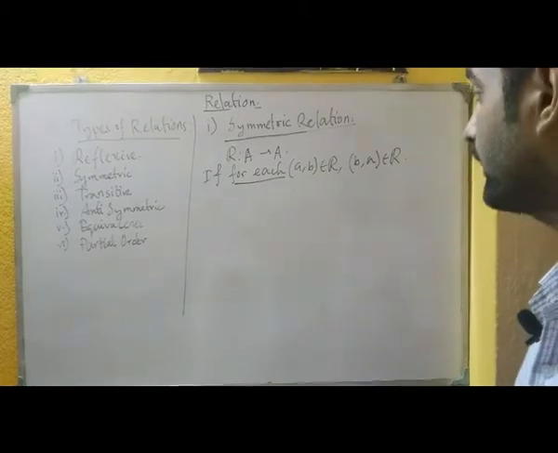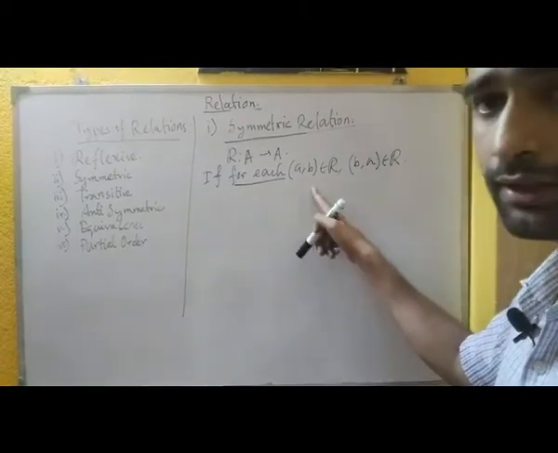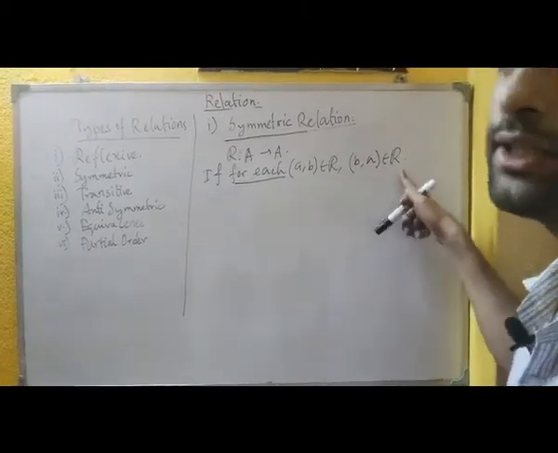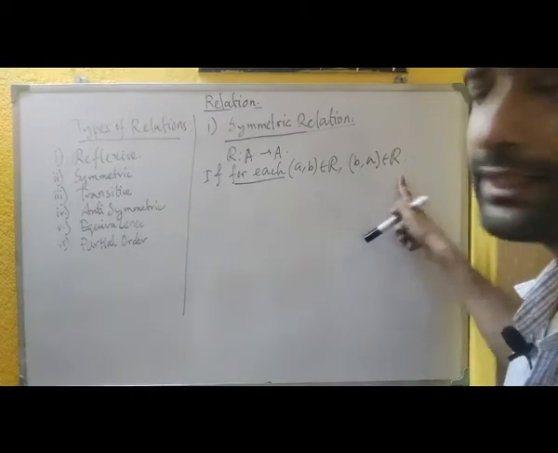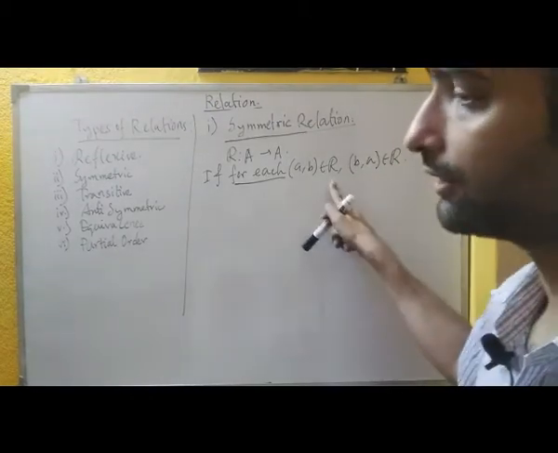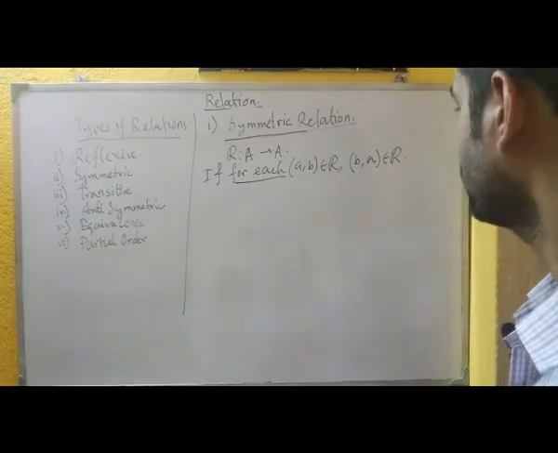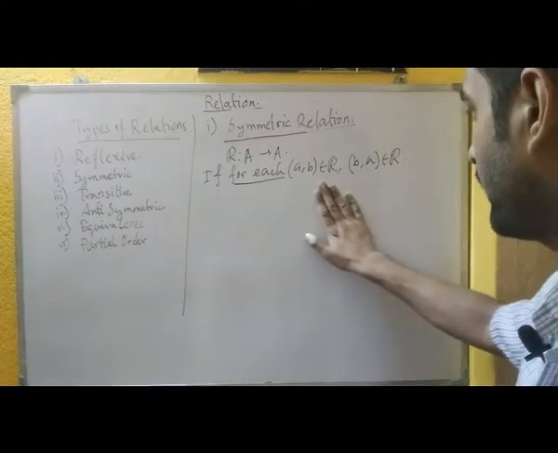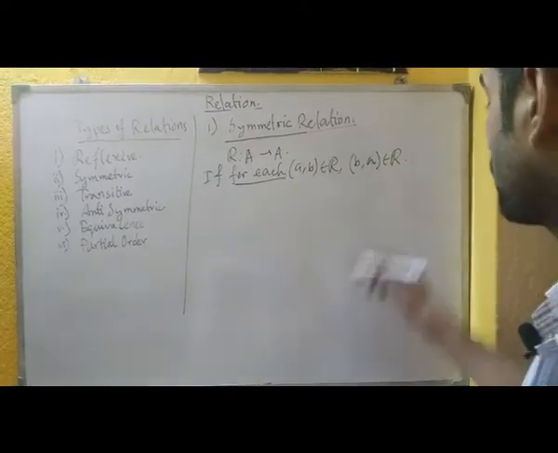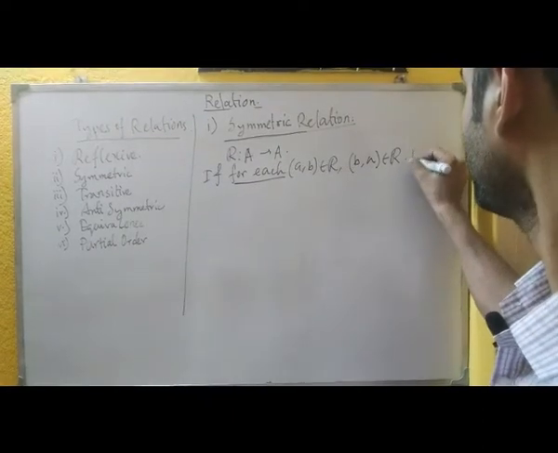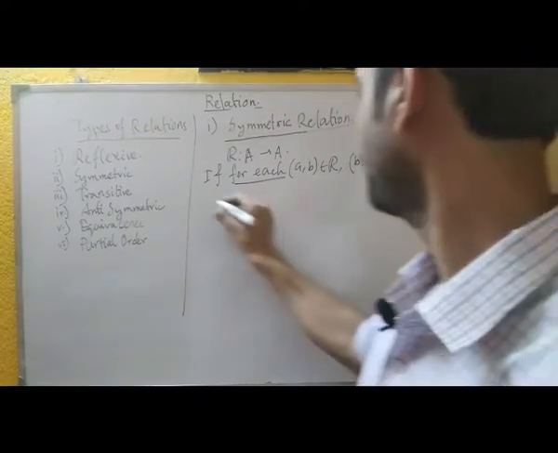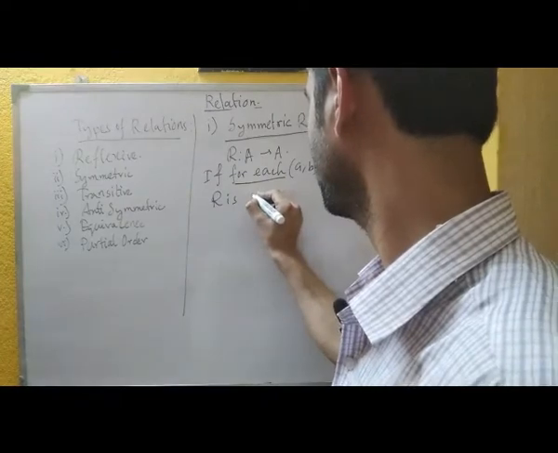If we miss at least one element (a, b) for which (b, a) is not in the relation, then we say this relation is not symmetric. So if for each ordered pair (a, b) belonging to R, (b, a) belongs to R, then we can say R is symmetric.